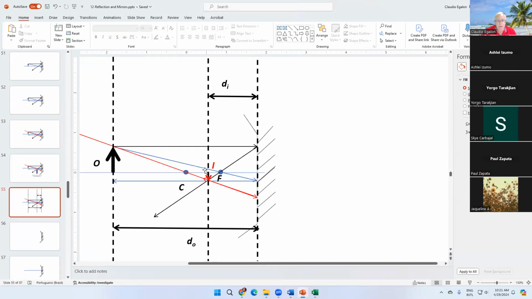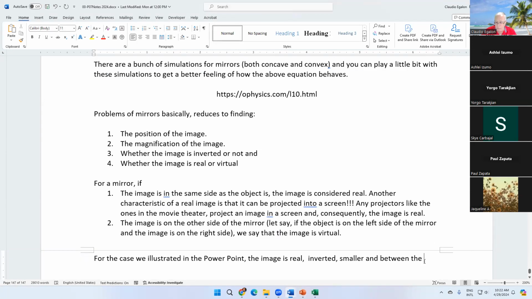The image is real because it's on the same side where the object is located, and we can also project it onto a surface. Inverted, smaller than the object. And on top of that, its position is between the focal point and the center of curvature.